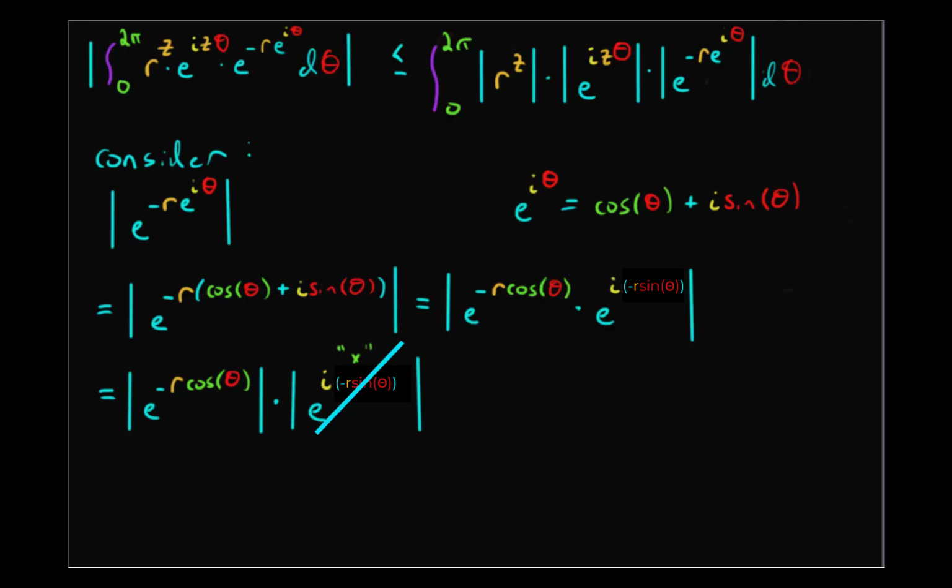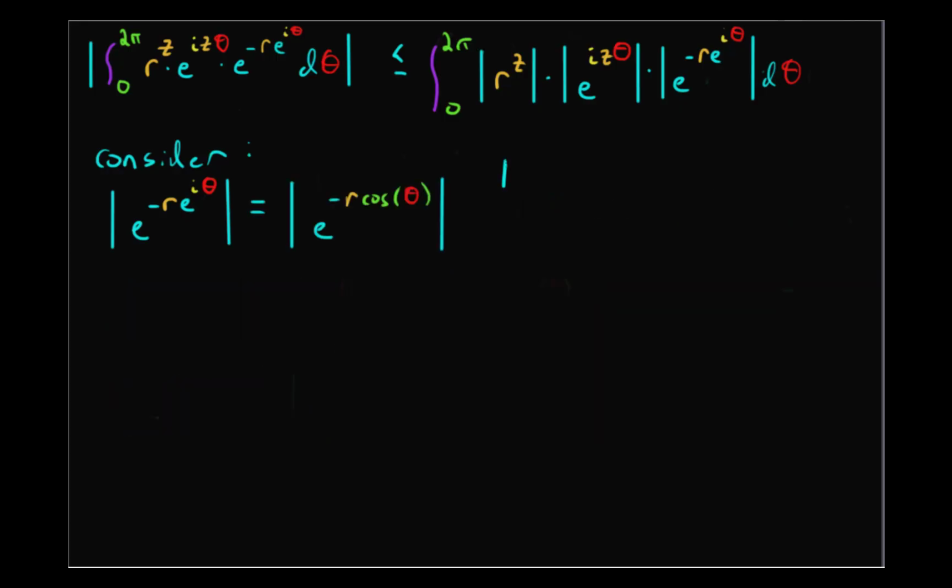So we can call this x, and this is really just e to the ix, and we know that the modulus of e to the ix always equals 1. So we get that the modulus of the expression e to the negative r e to the i theta just equals the modulus of e to the negative r cosine theta. So we've seen that the modulus of e to the negative r times e to the i theta really just boils down to the modulus of e to the negative r cosine theta.